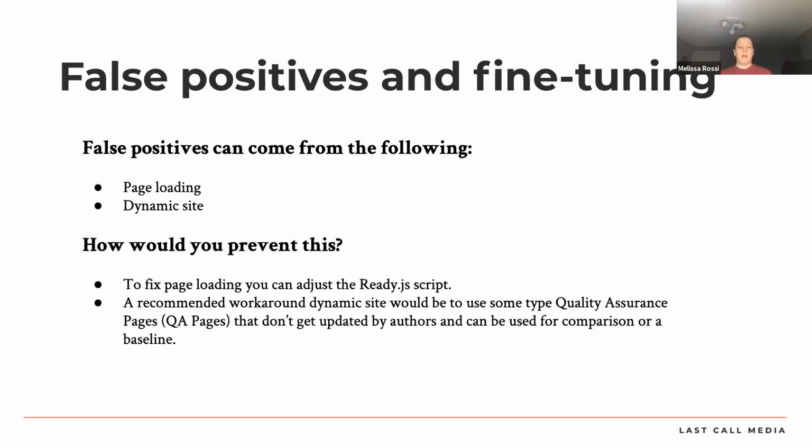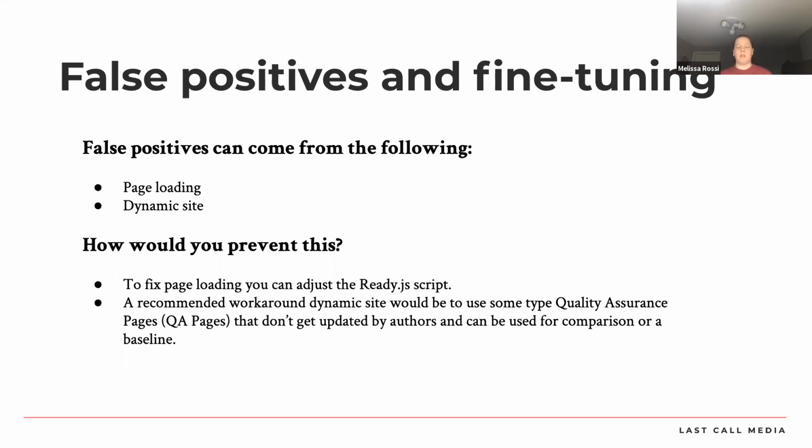You can also hide things, so animation, slideshows, anything like that, and you can just put almost like a covering or a placeholder over it to cover it so that it doesn't interrupt or give you a false positive. The dynamic site, a recommendation, which I have actually used in the past, which is quality assurance pages or QA pages.